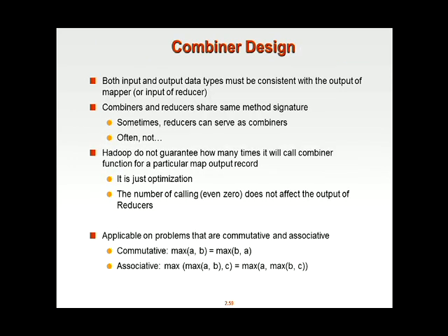Okay, so for the combiner, let's have a review. I have shown this slide to you before. So the combiner design is like this. Hopefully you can have a better understanding by this stage. The combiner and reducers share some ideas.